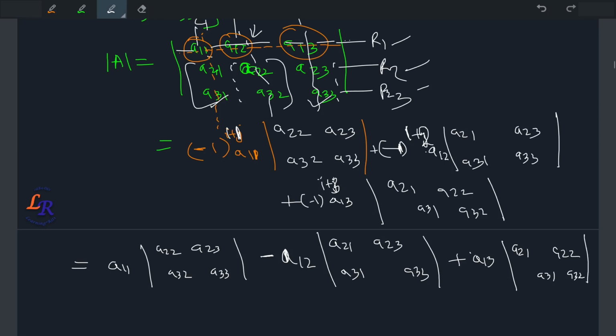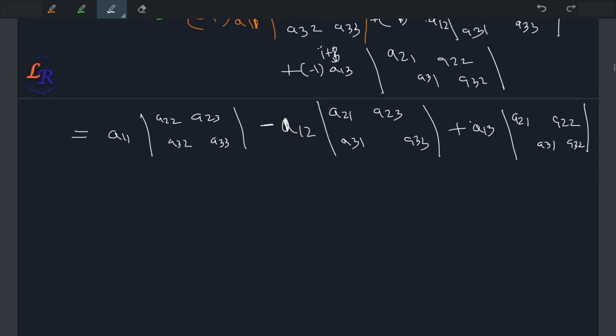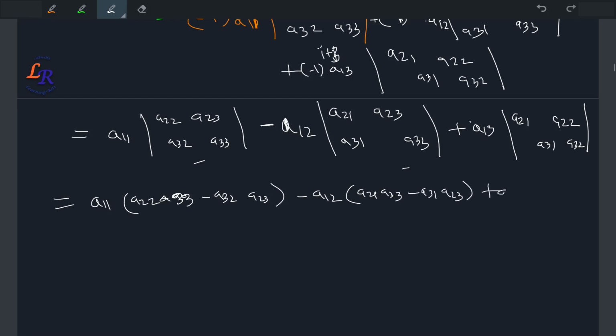Now you know how to expand these second order determinants, so you can follow that. So it will become A11 (A22 A33 minus A32 A23) minus A12 (A21 A33 minus A31 A23) plus A13 (A21 A32 minus A31 A22), right?